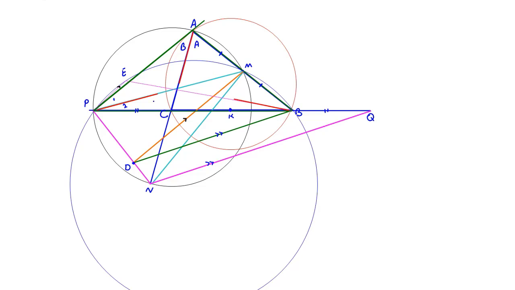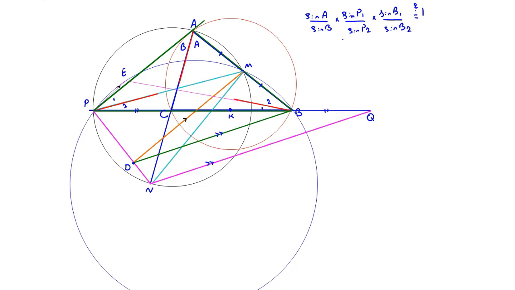So we have A, B, 1, 2, 1, 2. We want to prove that sine A over sine B times sine P1 over sine P2 times sine B1 over sine B2 equals 1.